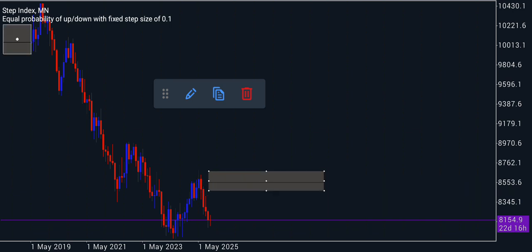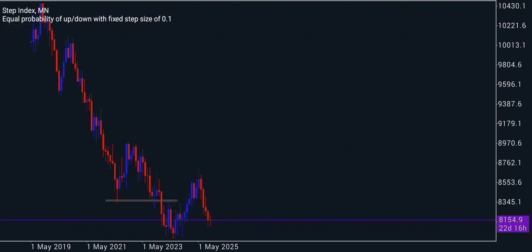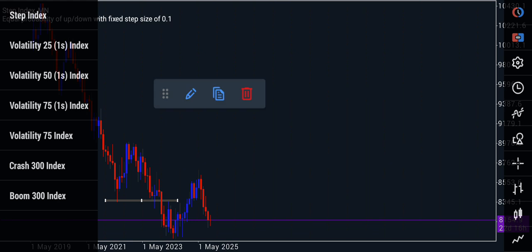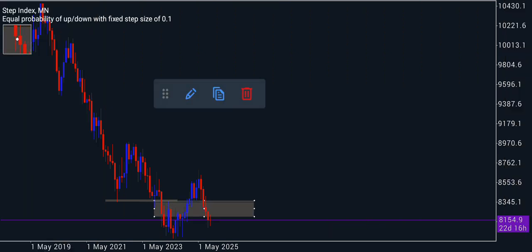So let us now go down to the weekly time frame and see how the market is doing. For the monthly time frame, you can see that this was the last low, and we have broken the low. And then here, market came for a retest.